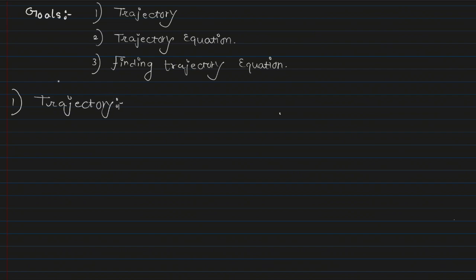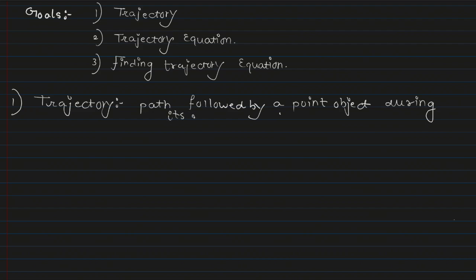Trajectory is nothing but the path followed by a point object during its motion. This is the definition of trajectory.